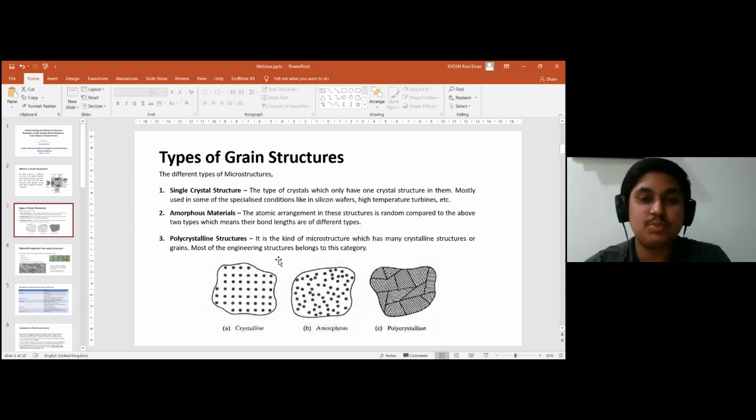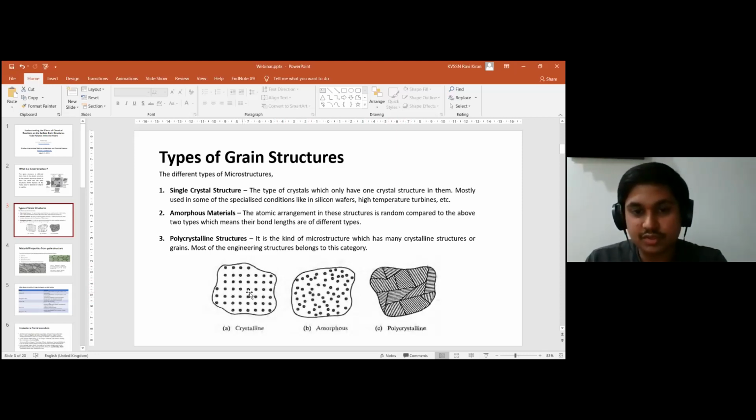And thirdly, it is polycrystalline structures, which is generally equal to single crystal structure, but with more elements added to it. So as we can see from the image over here, it has got different element compositions, which can be divided as different grains over here, with different orientations of its unit cells.